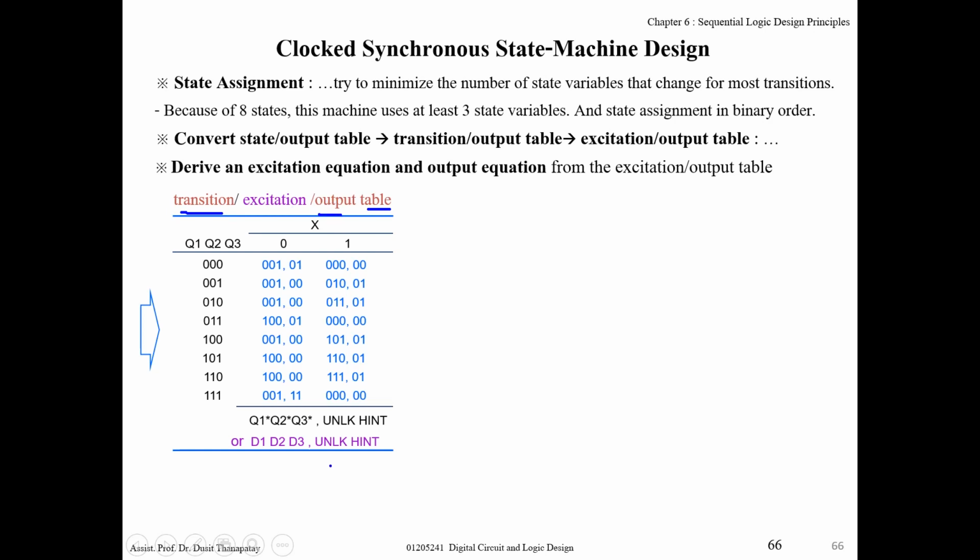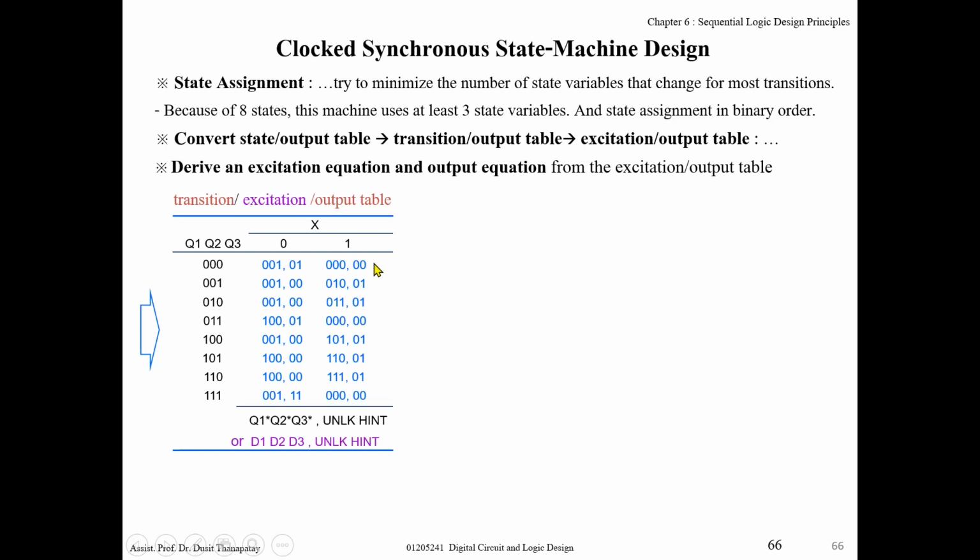And if you use D flip-flop for the design, the excitation signal of D1, D2, D3 is the same as Q1 star, Q2 star, Q3 star. So it's the same value in the table.